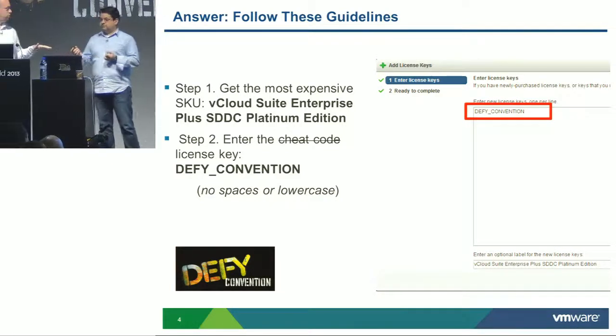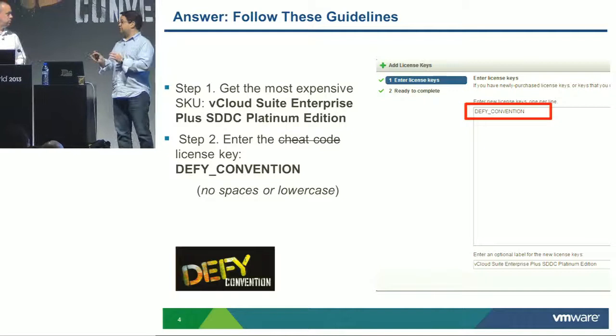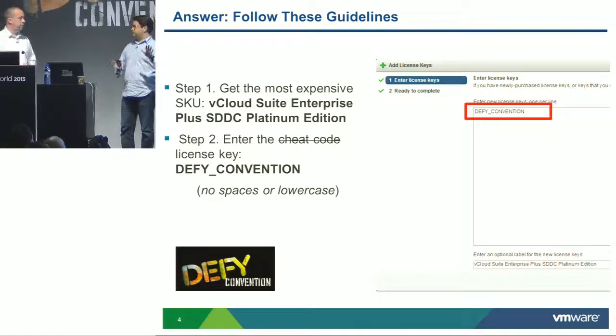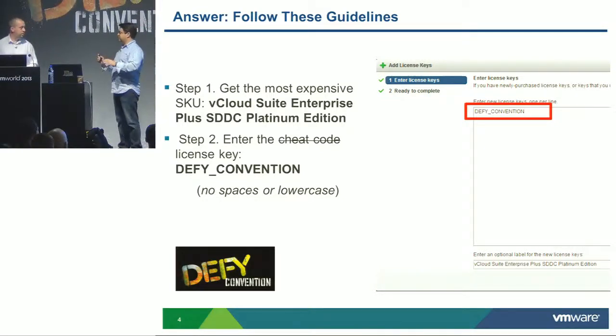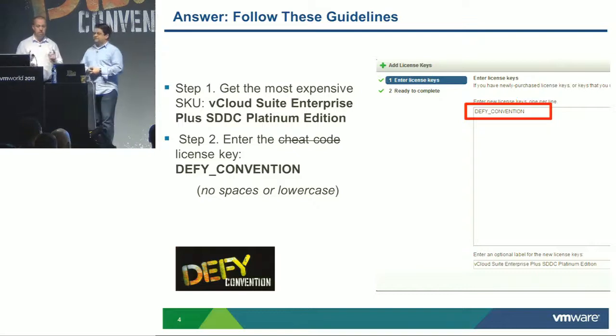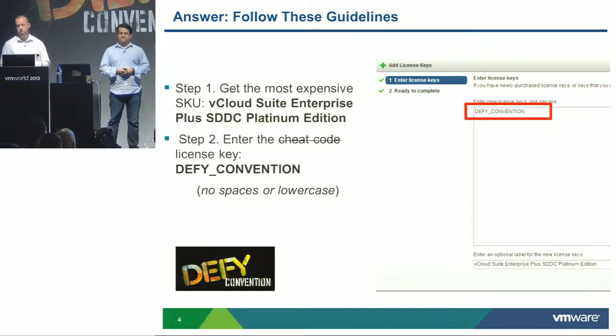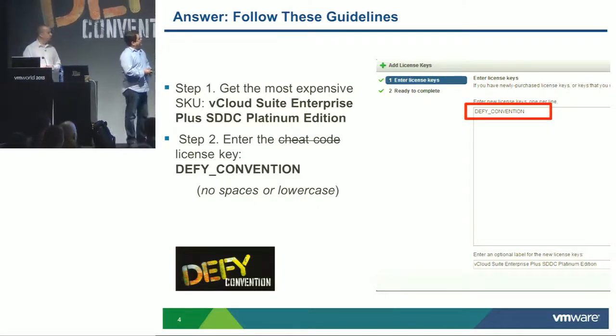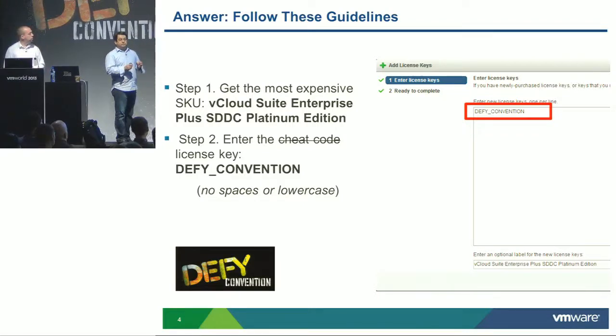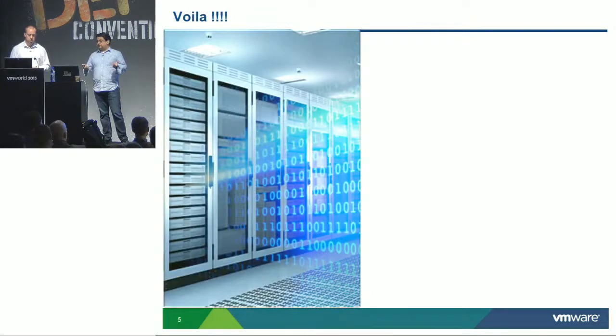The Essentials won't work, or? No, it has to be the most expensive suite. The most expensive, yeah, okay. vSphere, Essentials, Foundation, all that stuff. So remember, the most expensive thing we do, you must buy it, okay? Exactly. So just type in the license code defy_convention, and after that, boom, that's it. Your data center is automatically automated. Yep. And that's it. Thank you very much.